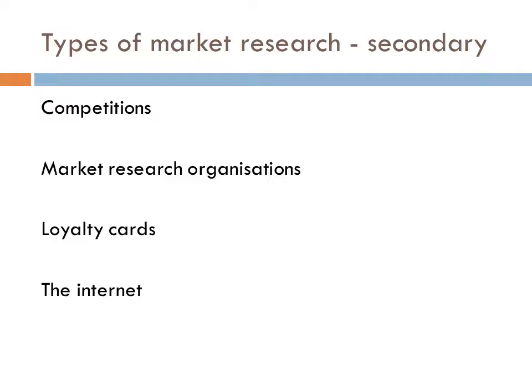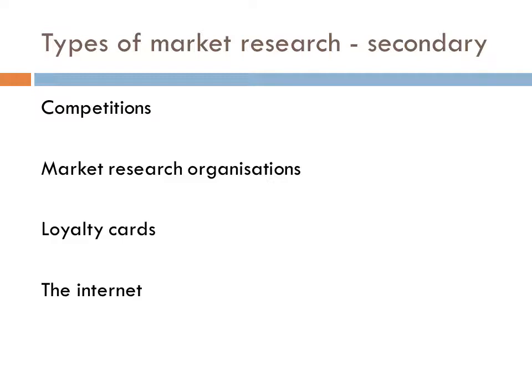We might use a market research organization. So it's not just primary research that these companies do. So there are actually companies, I think Mintel is one. These companies actually produce primary research, but they can also do secondary research, which they hold on file and we can buy from them. Loyalty cards are a massive source of secondary information as well.